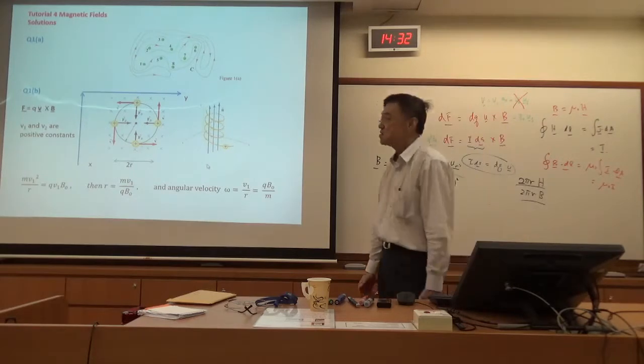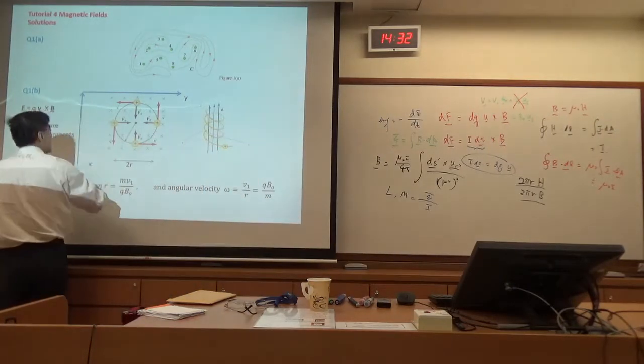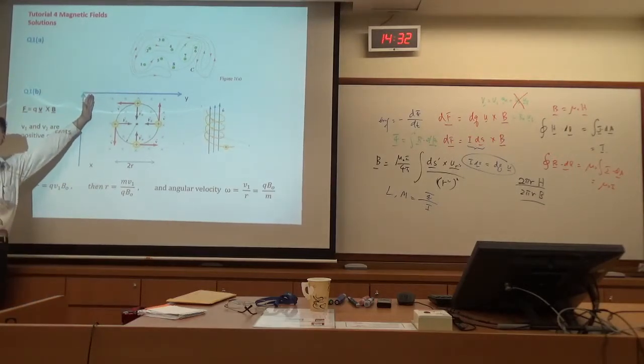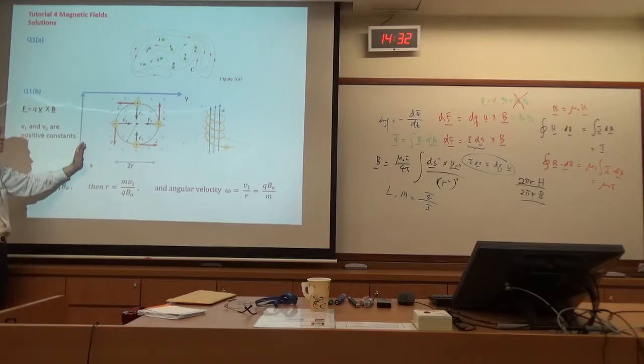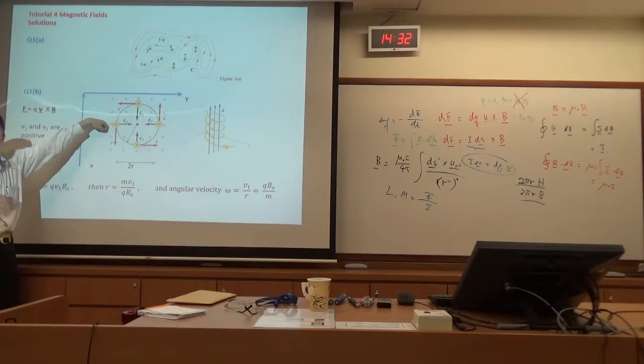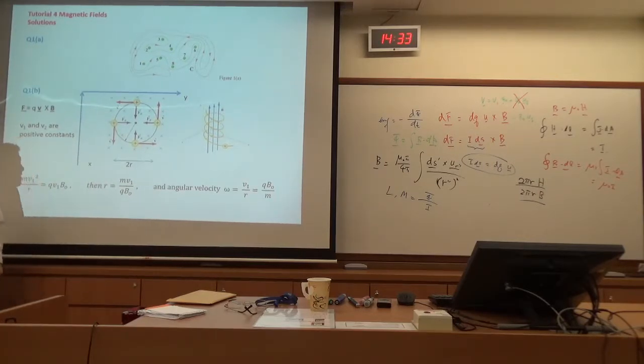So the electron is moving in the positive x direction, but the positive charge is moving in the negative x direction.